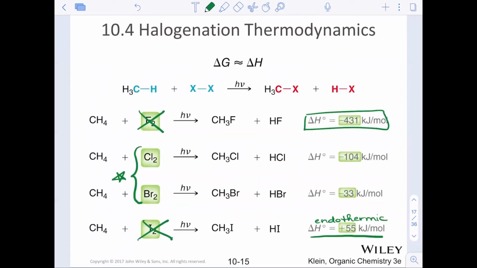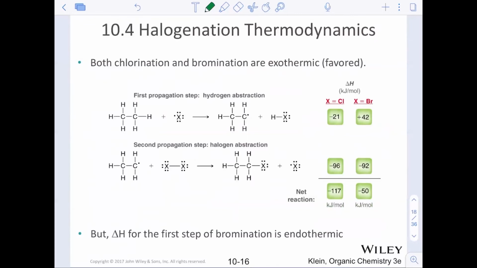Notice though that their delta H's are different. Cl2 has a more negative enthalpy. It's more exothermic than the delta H for Br2. So both chlorine and bromine are exothermic, which is favored. But let's look at the big difference here, the difference between the first propagation step and the second propagation step.